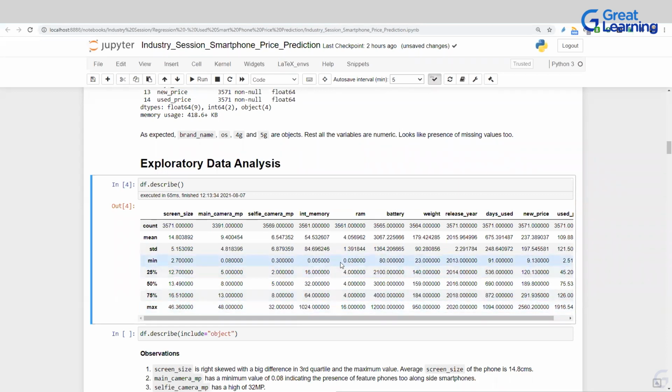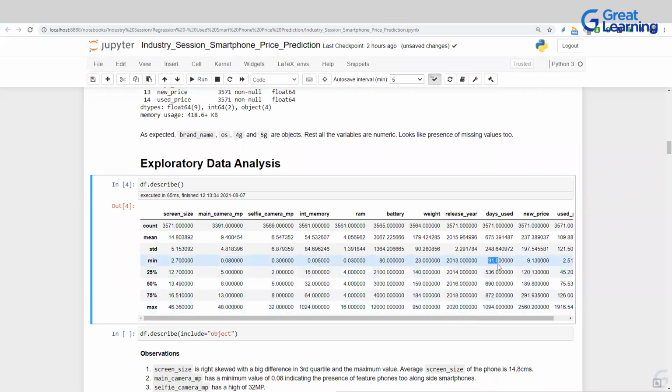For the RAM as well, these basic feature phones do not have any sort of RAM. And the maximum we have here is 16 GB, right? With battery 80 mAh minimum and a maximum of 12,000 mAh, right? The least year is 2020. So let's say if we are in 2021, the earliest available phone is 1 year old at least, and the maximum is 8 years old.